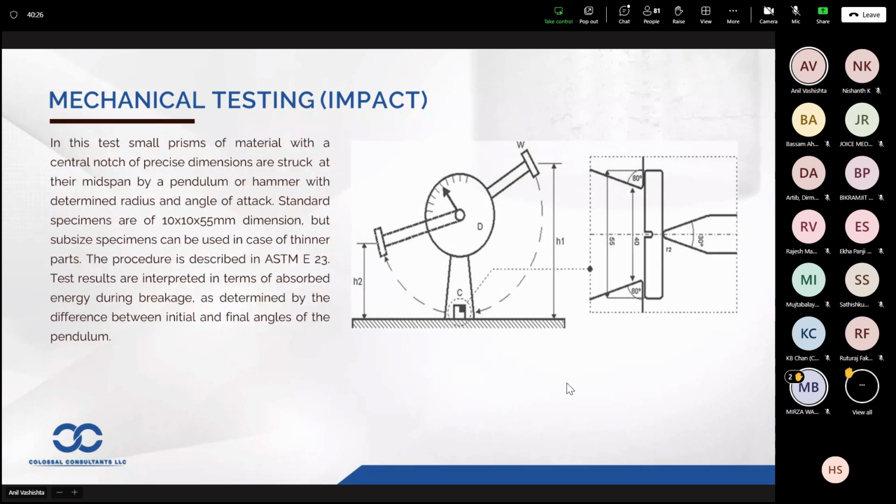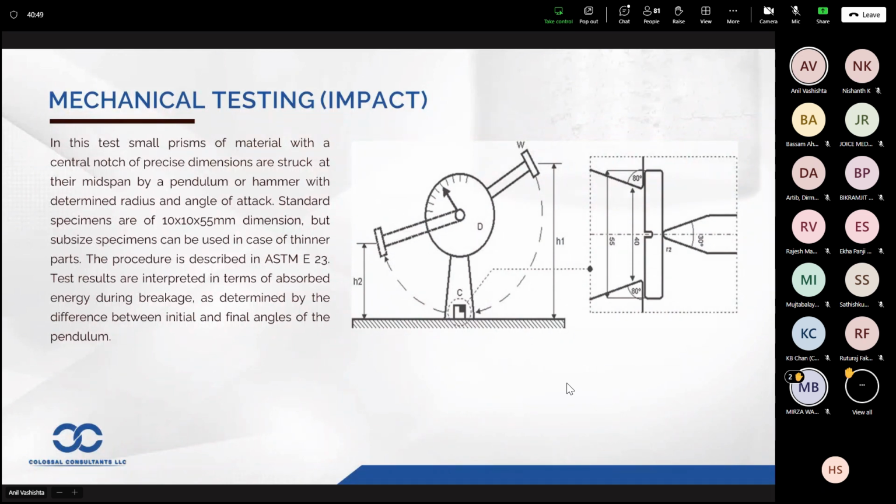Impact testing is another one in which we have a pendulum or a hammer which strikes a specimen of 10 by 10 by 55 dimension. Subsizes are lower based on the actual thickness of the material, and specimens are prepared as per ASTM E23. There are different standards to which specimens can be prepared.